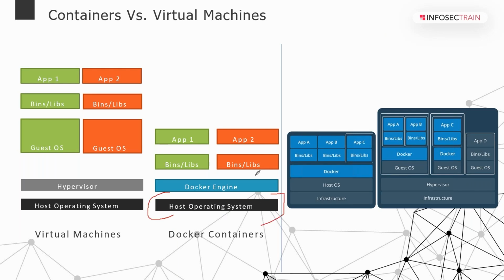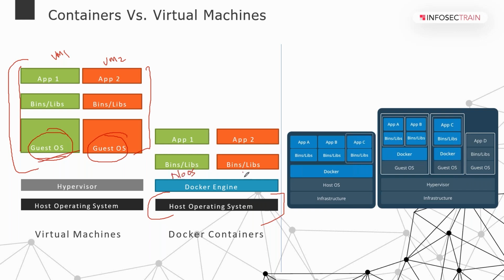Now the next thing: when you go for a virtual machine, it is mandatory that you have a guest OS. That means you have a separate operating system for each VM. This is your VM1, this is your VM2. In your VM you have a guest operating system. But if you go for containerization, the best part is that there is no operating system.